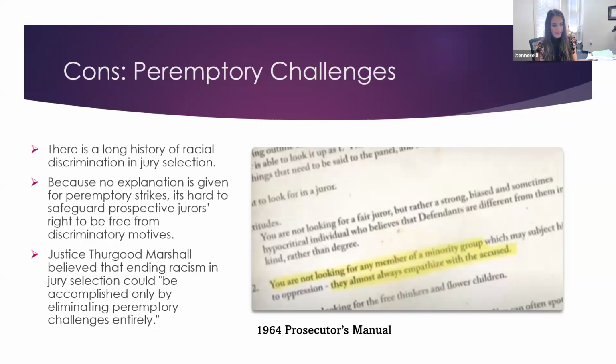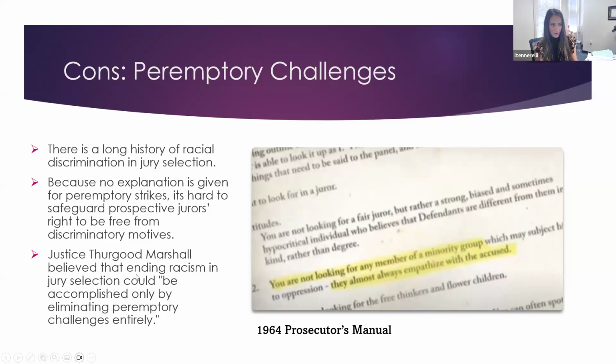So this is a 1964 prosecutor's manual that says you're not looking for any member of a minority group. They almost always empathize with the accused. It also said you're not looking for free thinkers and flower children. So this is an actual published manual. This has been going on for a long time.